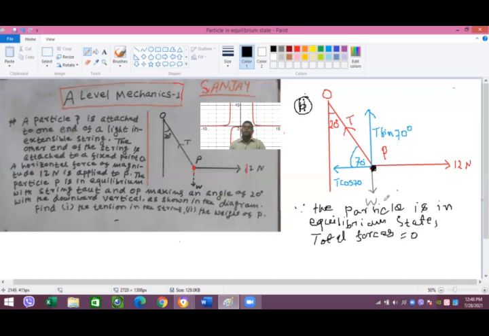So in this case, we have to consider W towards downward. You can call this the positive direction, and opposite to this force W, from this diagram, it is minus T sine 70 degrees, and that equals 0.